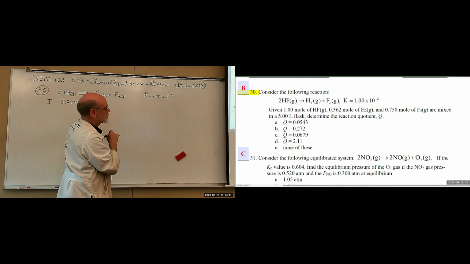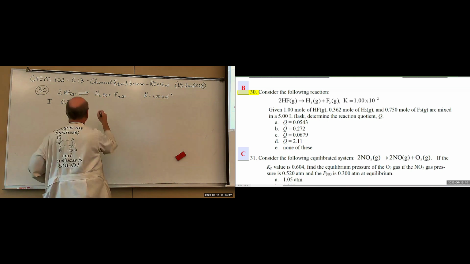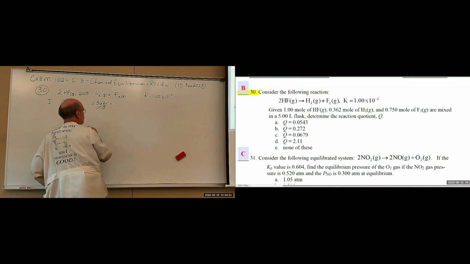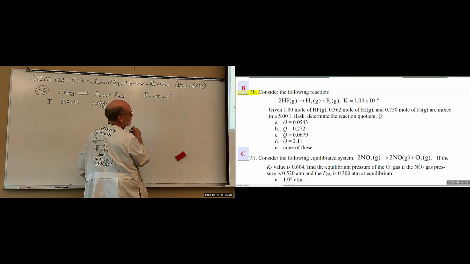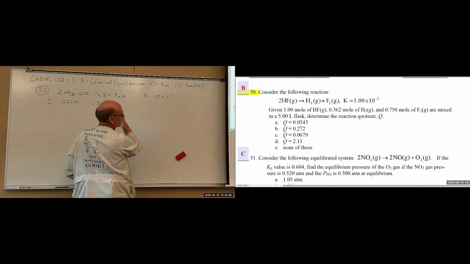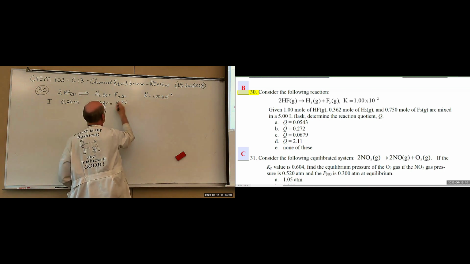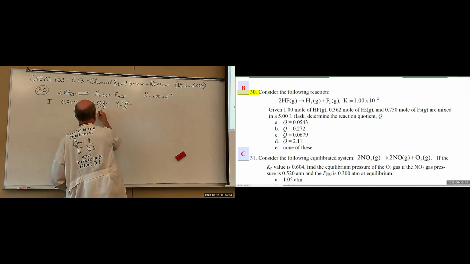And this one is 0.362 divided by 5, and fluorine is 0.75 divided by 5. So what is this one equal to?